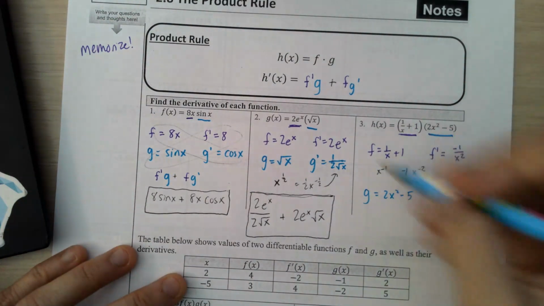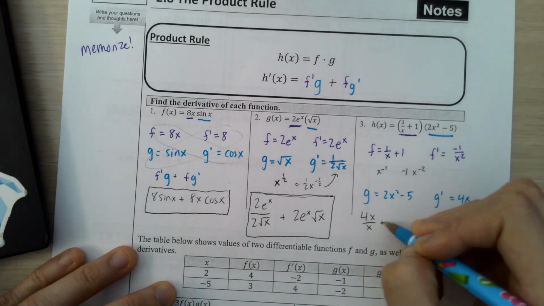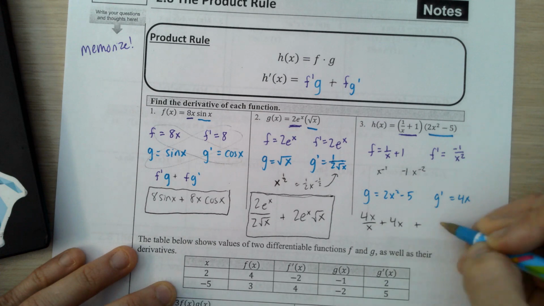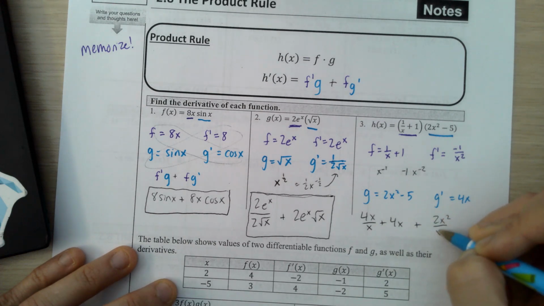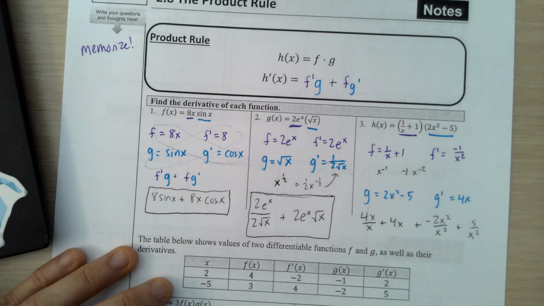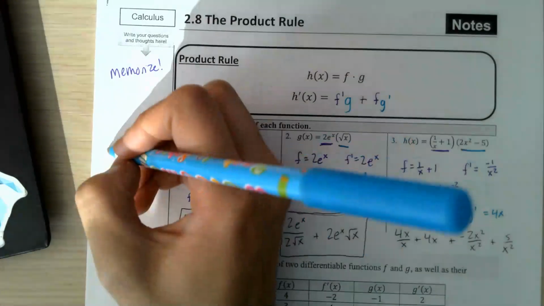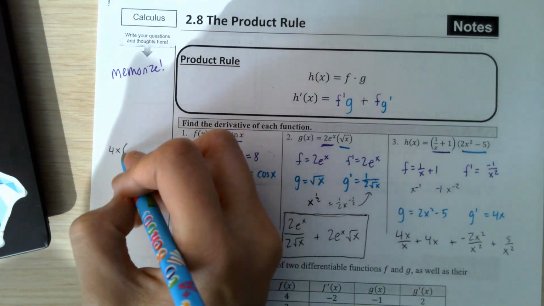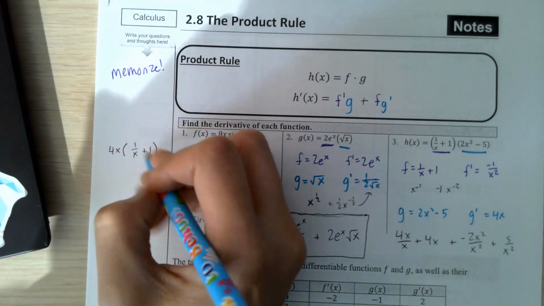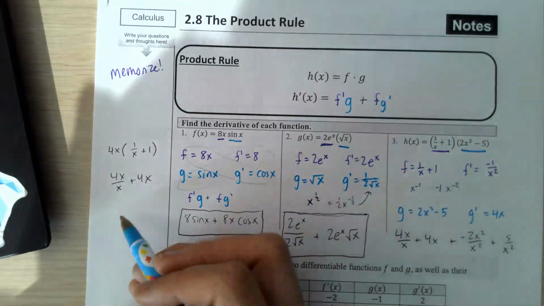So we need to multiply them. So we have 4x over x plus 4x plus 2x squared over x squared, but this is a minus, plus 5 over x squared. I'm sort of skipping some steps, right? 4x times 1 over x plus 1, you have to distribute. So you have 4x over x plus 4x.